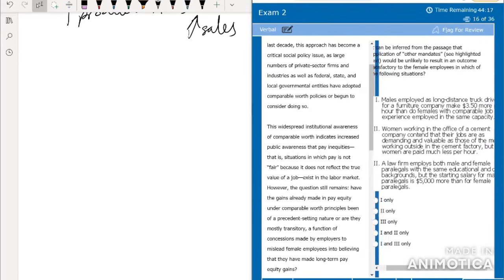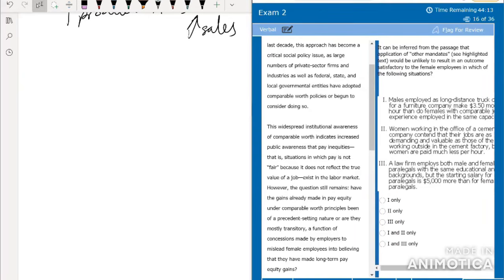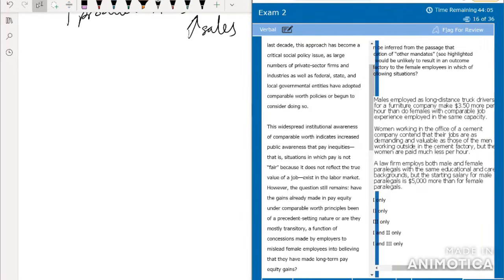Okay, 2 is not bad. Yeah, so it's 2 because they're different jobs. Oh, there's more than one as an option. No, okay, so it's just 2 only.